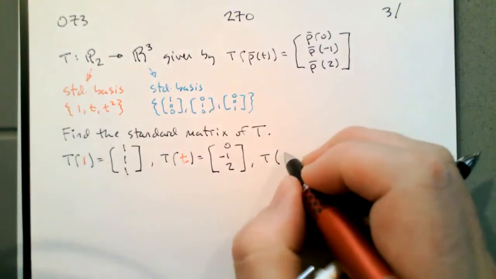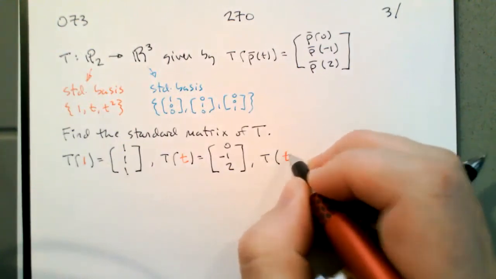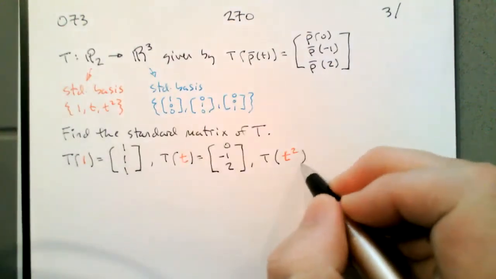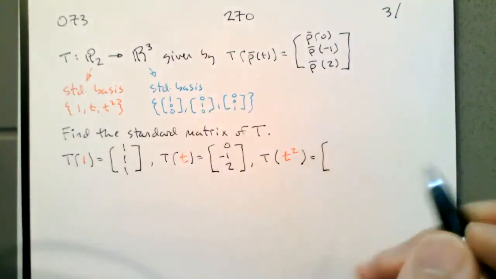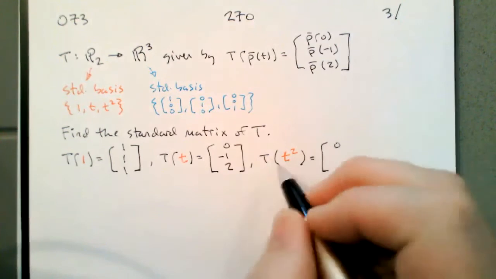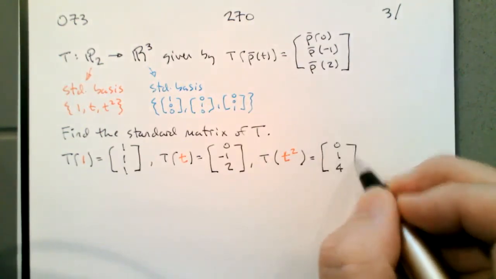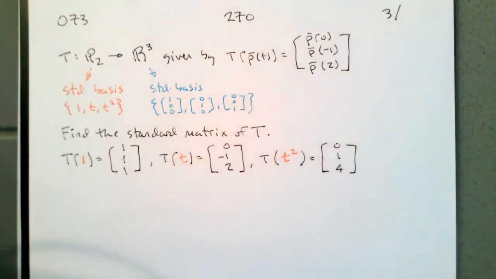Now let's plug everything into t squared, for the third column of our matrix of the transformation. So we'll have 0, -1 squared is +1, 2 squared is 4. The images of the standard basis vectors are the columns of the standard matrix of the transformation.